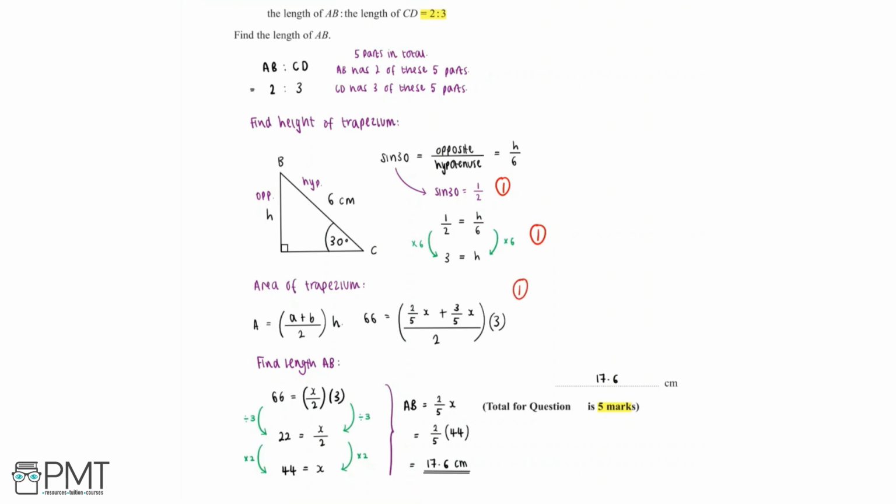We get the fourth mark for correctly finding the value of x. And we get the fifth and final mark for using the fact that x is equal to 44 and that AB is equal to 2 out of 5x in order to correctly find that the length of AB is equal to 17.6 centimetres, allowing us to get the full 5 marks needed in this question.